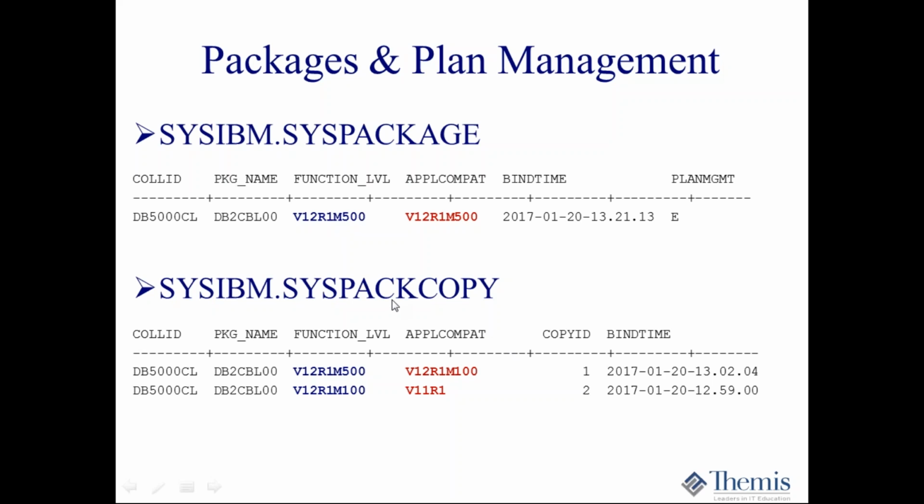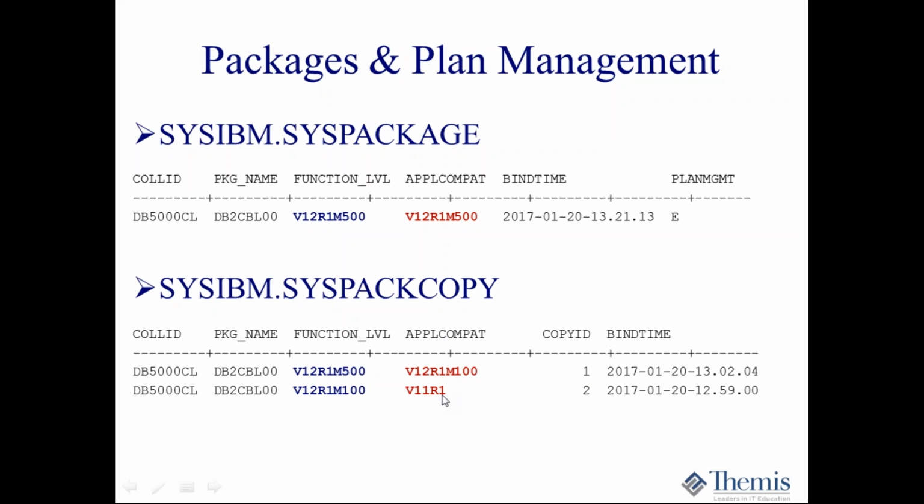Down here, I can see that the previous function level activated was modification 500 when it was bound, rebound, and Apple Compat option chosen was 100. The original was when we were at function level 100, and it was bound at version 11 release 1 Apple Compat.